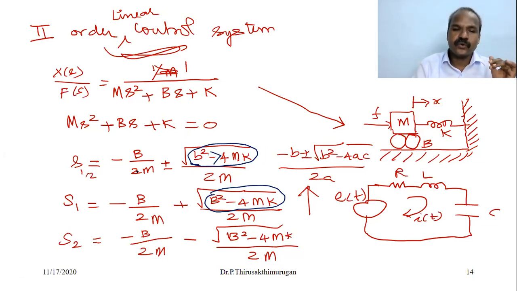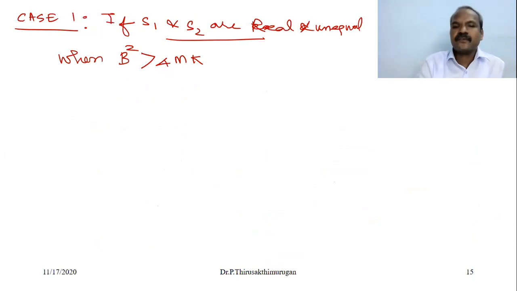When the two roots are same, suppose b square equals 4mk, this contributes 0, then S1 and S2 will be real and equal.